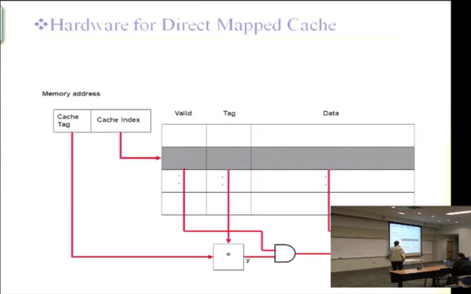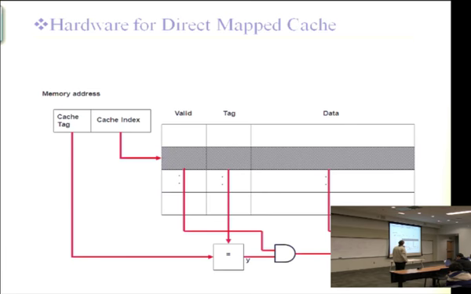What type of hardware do we need to realize this direct map cache? Obviously, we need to read the memory address. So we have a cache tag and cache index. And the first thing we have to do is compare the cache tag with the tag that we have in the cache.